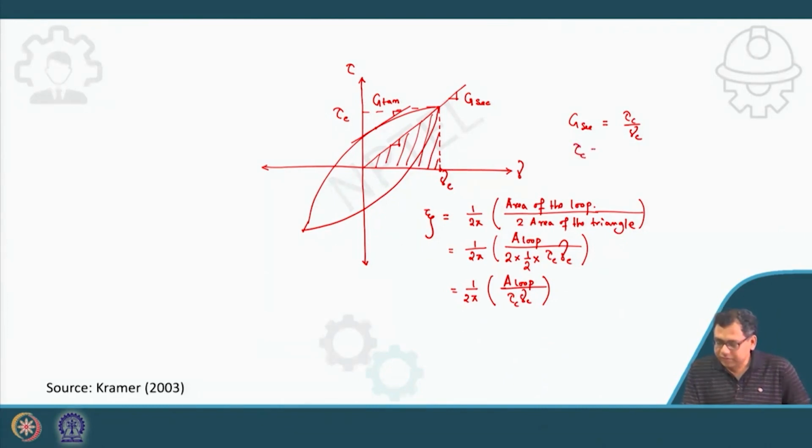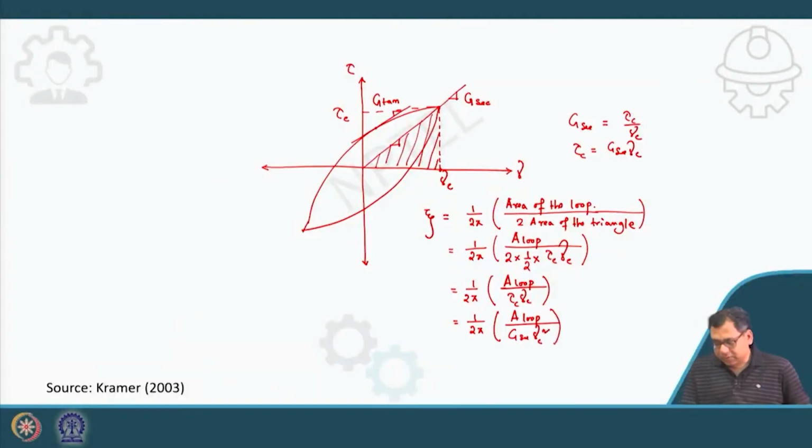So, my shear stress at this point is equal to G secant into strain. So, I can finally write this as the area of the loop divided by G secant into strain squared.